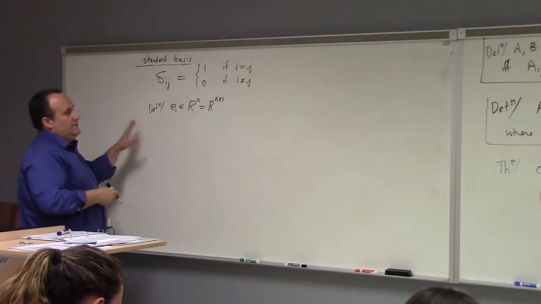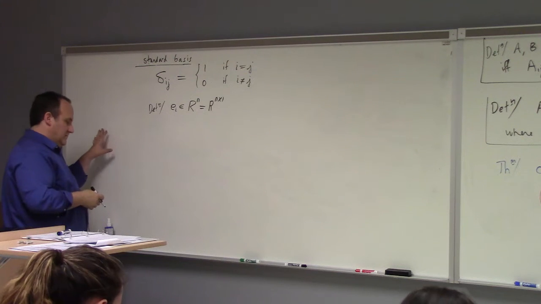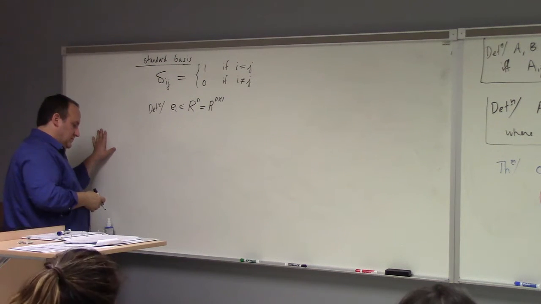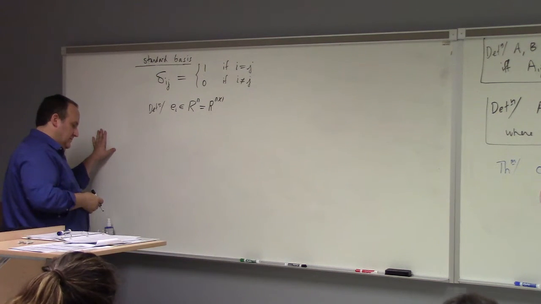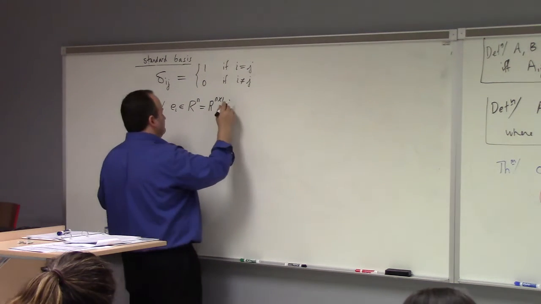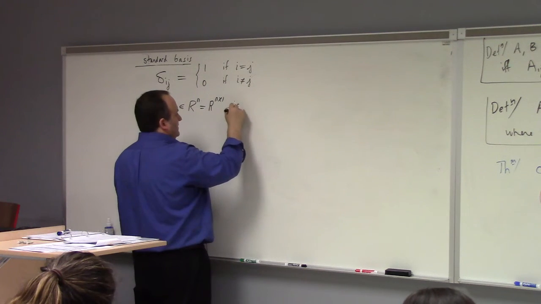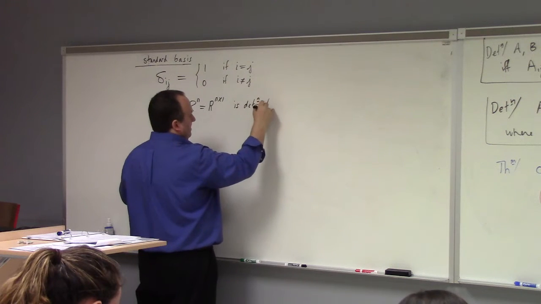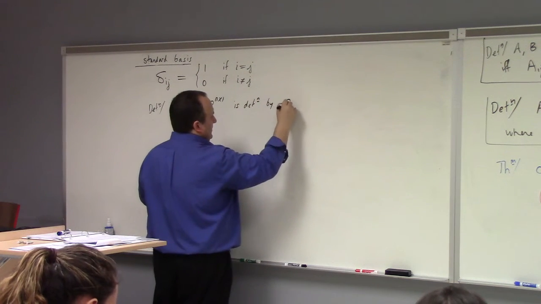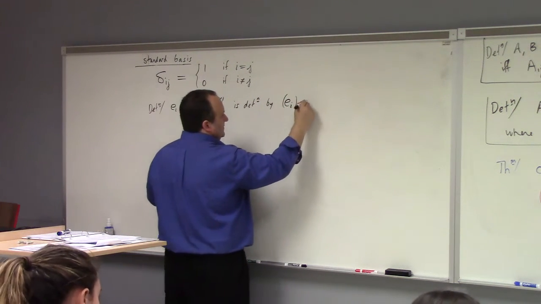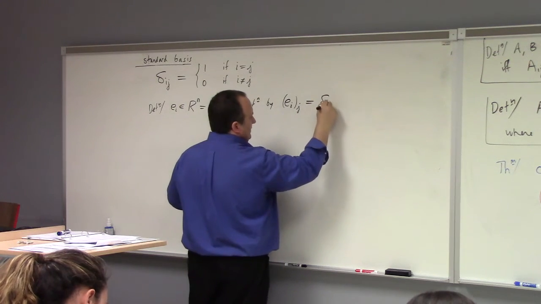It is defined by: the jth component of e sub i is Kronecker delta ij. All right.